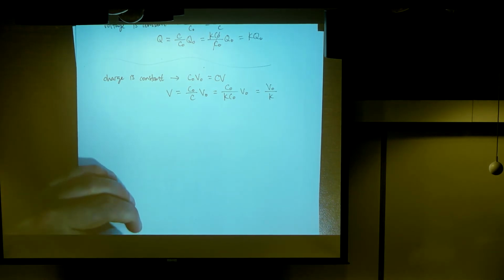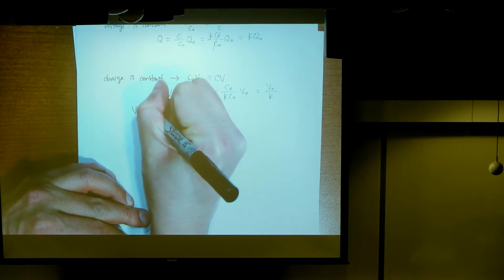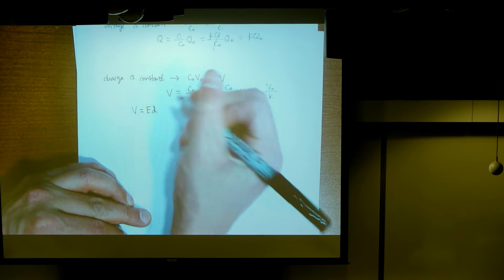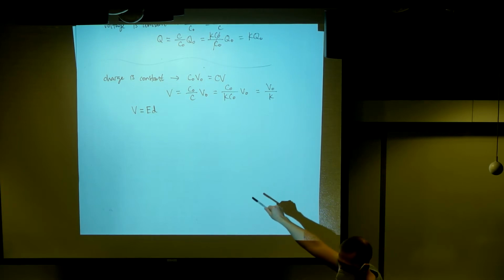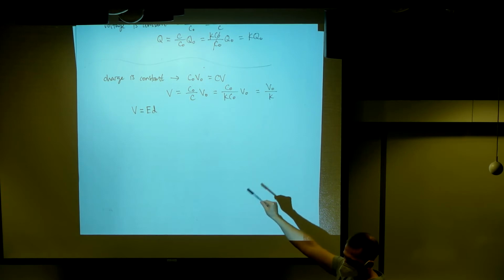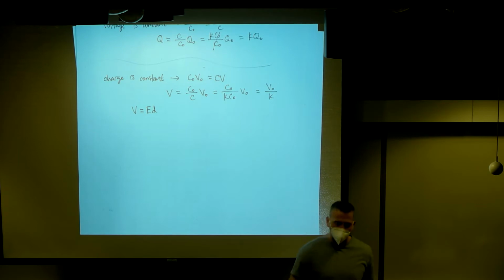Now, I want to remind you, this is something we derived before, but if you have a parallel plate capacitor, there's basically a uniform E field in between, and the voltage across the plates can be written as E times D. It's the electric field times the distance between the plates. Remember this? We just did this? Okay. So I hope you can see that E and V are just related by a factor of the distance. So therefore, if my voltage drops by a factor of K, guess what?